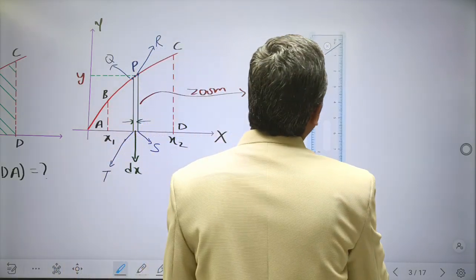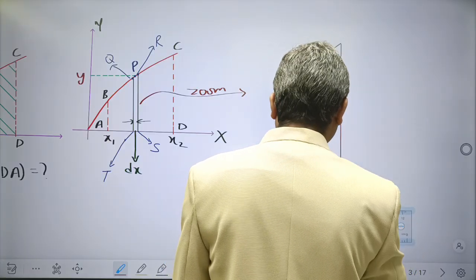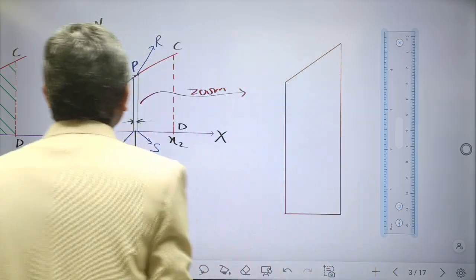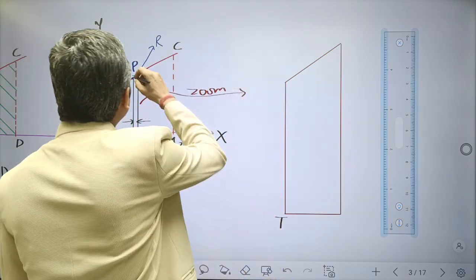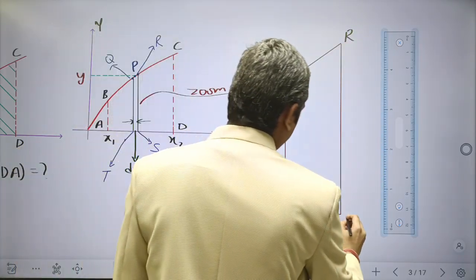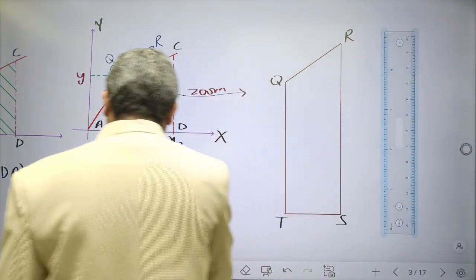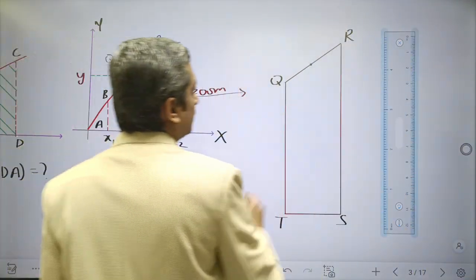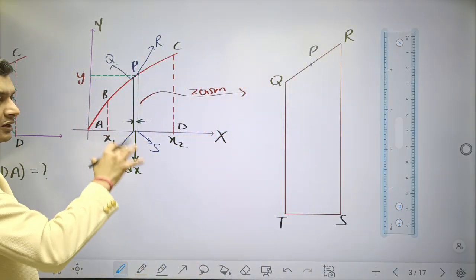So if I zoom it, then what happens? Suppose this is point T, this point is Q, this is point R, and this point is S, and in the center here we have point P. Now this is step number 1, we take the elementary strip.